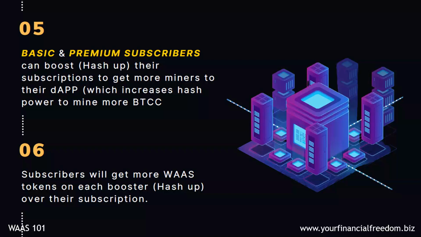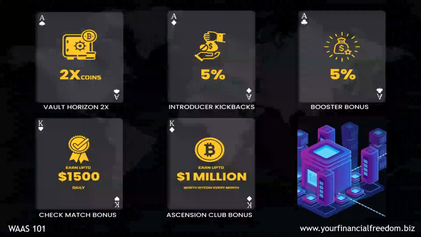That's how the industry or these tokens or coins would work, okay? Number 6, subscribers will get more WAS tokens on each boost or hash up they do. So every time you hash up, you get more tokens, which you will be able to exchange on day 500, well, no, 370 or so, when that time comes, okay?